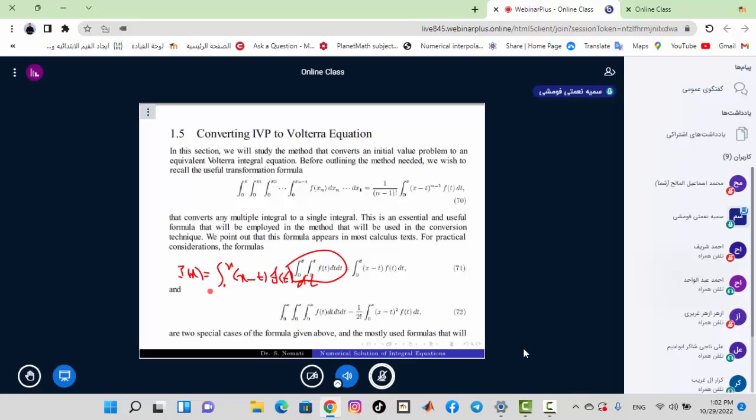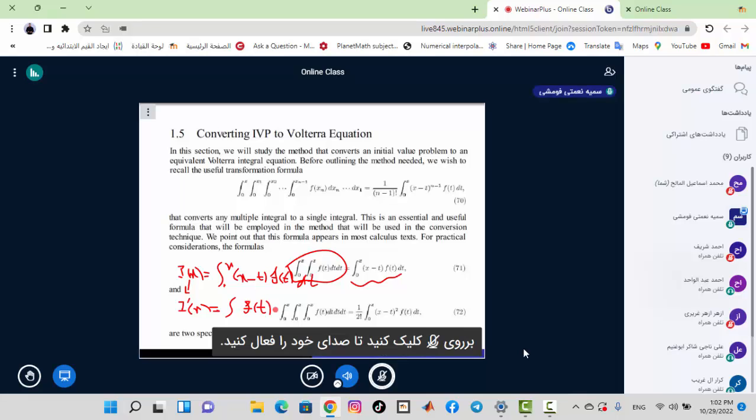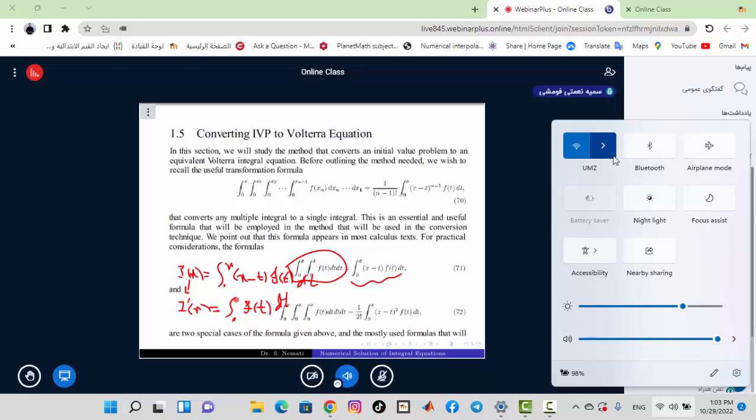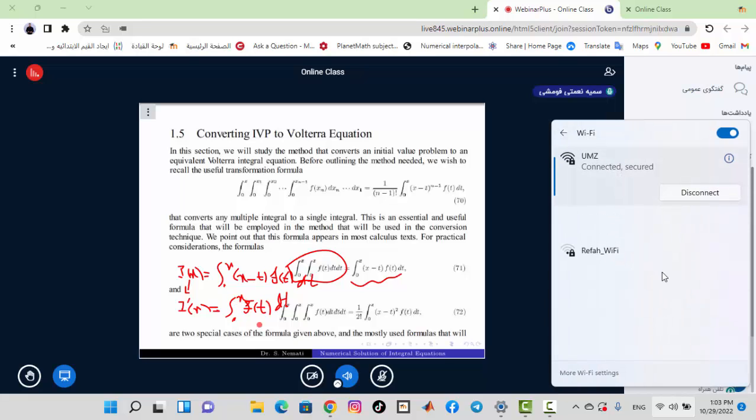Okay. So I suppose that I of x equals the right hand side. I take derivative from both sides of this relation. I have I prime of x equals, for taking derivative from the right hand side, I use Leibniz rule. So I have the integral of f dt from 0 to x using Leibniz rule.